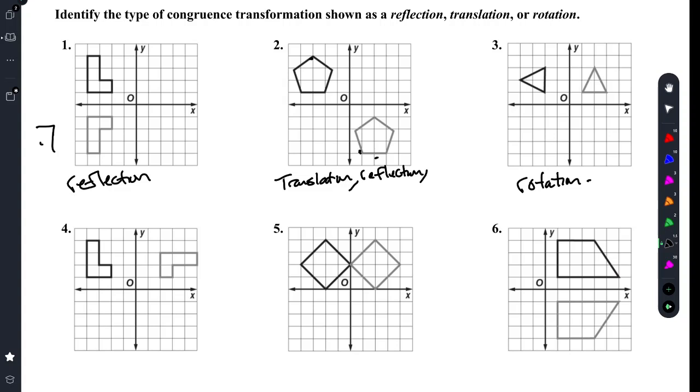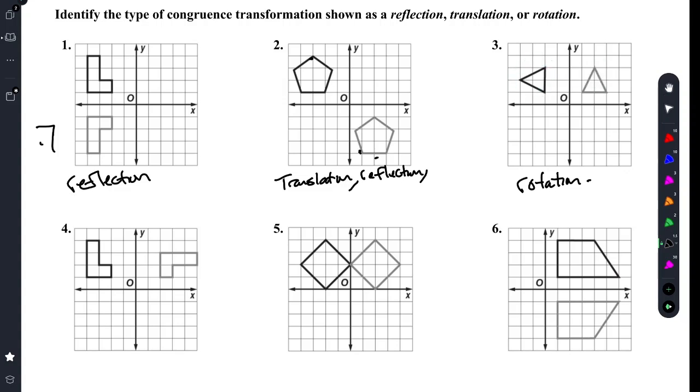Because there's only one square from it to the y. But so for a translation to happen, right, it has to just be pushed somewhere else, right? So this shape would stay like that, and you would move it over here. And if I moved it over here, it would still look like this. How would I make the shape go upside down? I'd have to twist it, which is a rotation.